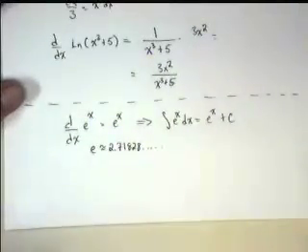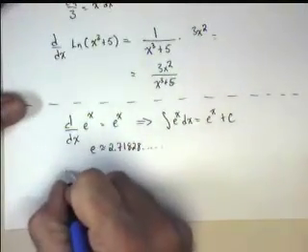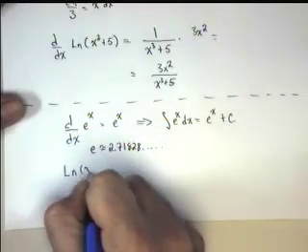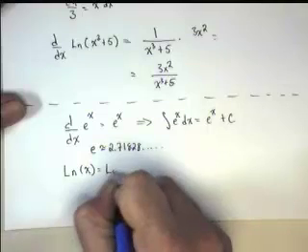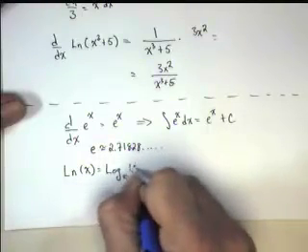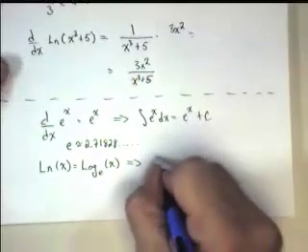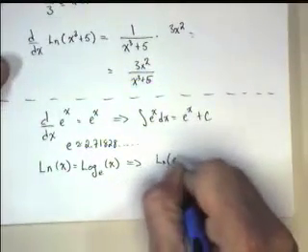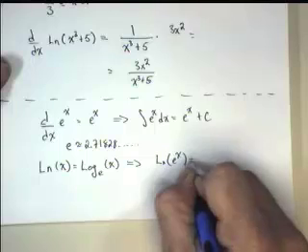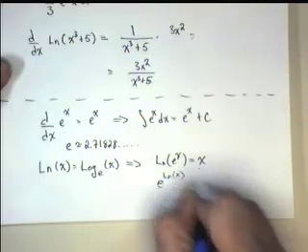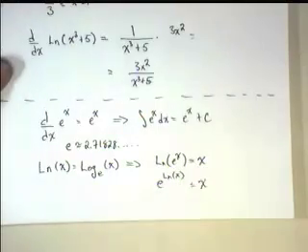E and log are related by the fact that the natural log of x is in fact the log to the base e of x, which means that the natural log of e to the x, they are inverse functions, is x, and e to the natural log of x is x.